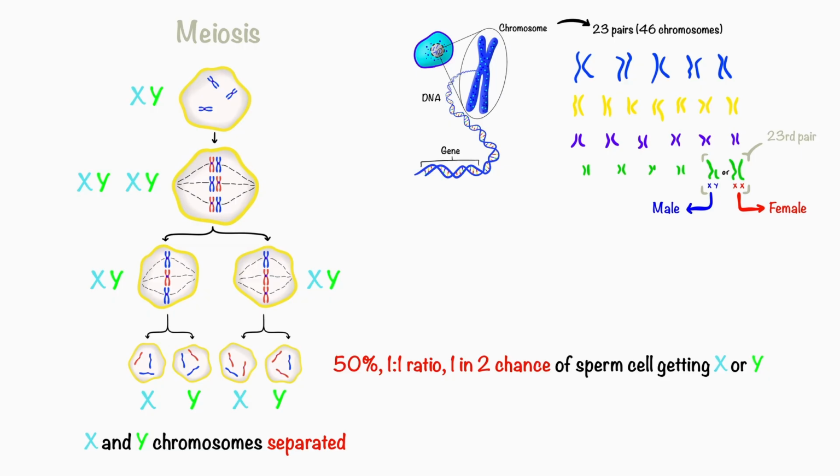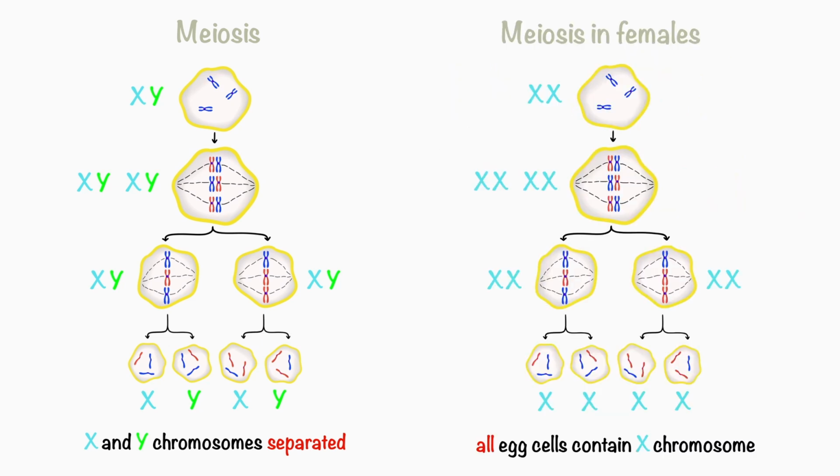There's a 50% chance a sperm cell will contain an X chromosome and a 50% chance it will contain a Y chromosome. A similar process happens when females produce egg cells. However, since females only have X chromosomes, all egg cells will contain an X chromosome.